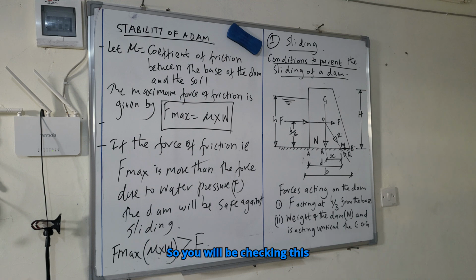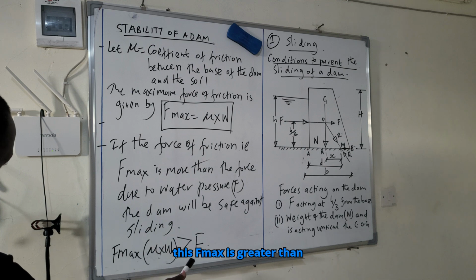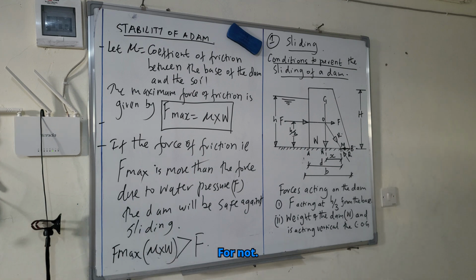So you will be checking this during your calculation to see whether this F max is greater than F or not. So at the end, you'll be able to know if the dam is safe against sliding or not. So that is all about sliding.